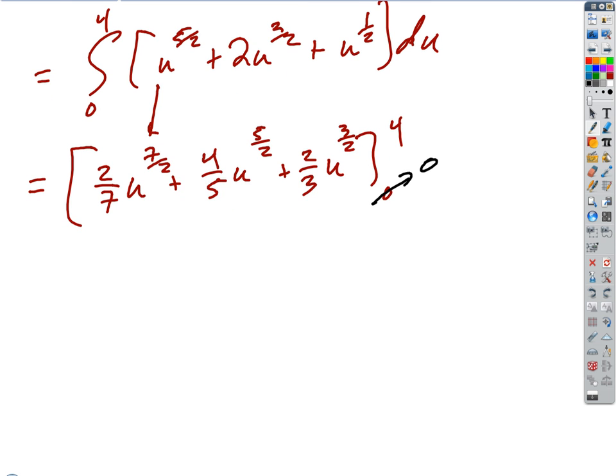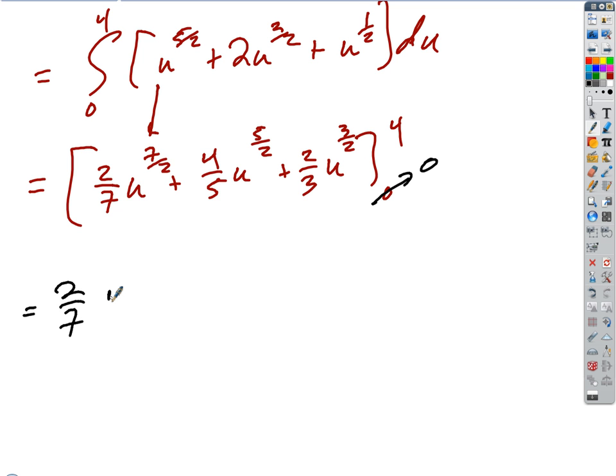All right, so we just get 2/7ths times 4 to the, okay, what's 4 to the 7/2? 128, why? But we don't even need a calculator for that, how come? Do the square root of 4 times.